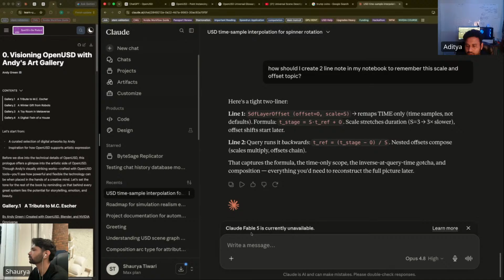Formula: t stage equals scale s into t graph is 0. Here it stretches the duration. I see, SDF layer offset. Bro, I love AI. I fucking love AI.